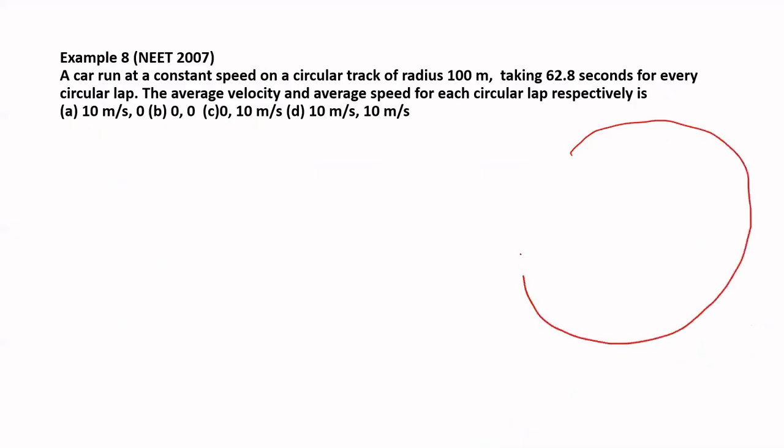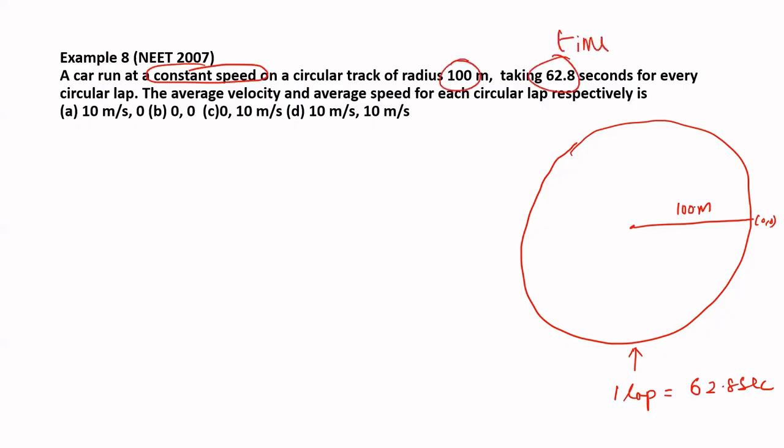The radius is 100 meters, and the car starts at the point 0,0. Taking 62.8 seconds for every circular lap, so for 1 lap the time is 62.8 seconds. He has given constant speed, the time and the radius R. The question asks for the average velocity and the average speed for each circular lap respectively.